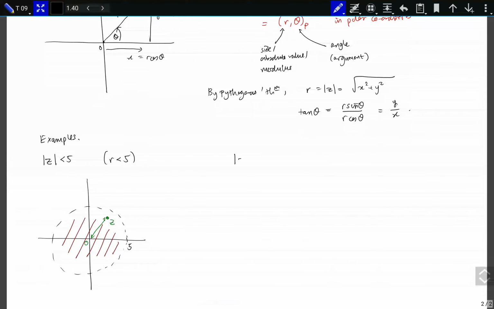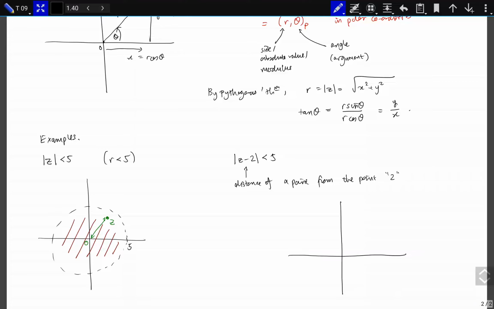The similar example of the size of z minus 2 being less than 5 is a little bit different, because this is the distance of a point from the point 2, which is understood as, I've been a little bit imprecise. What do I mean by 2? I suppose I should really write 2 comma 0.